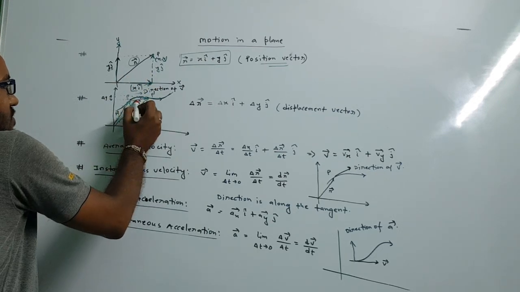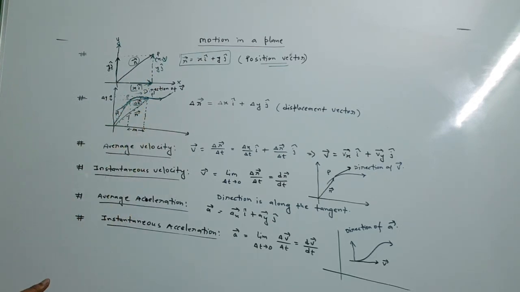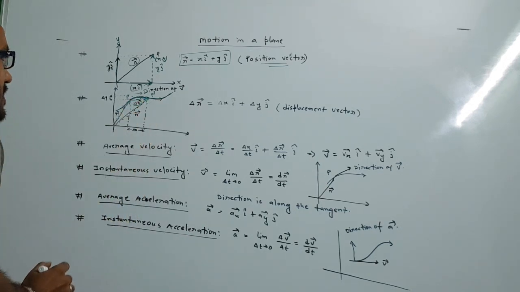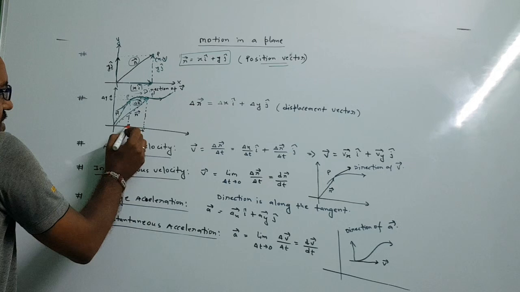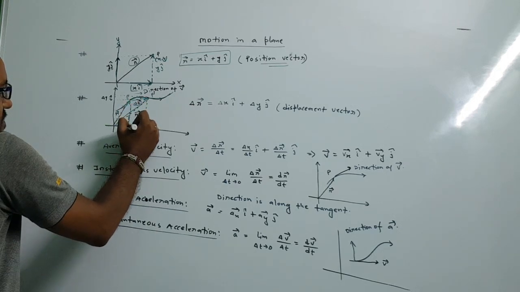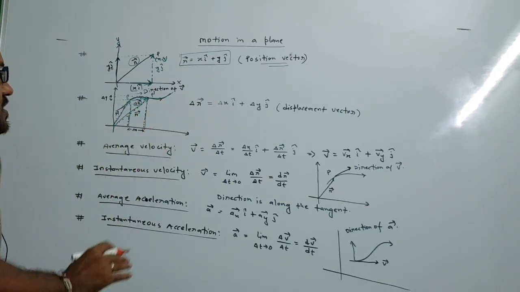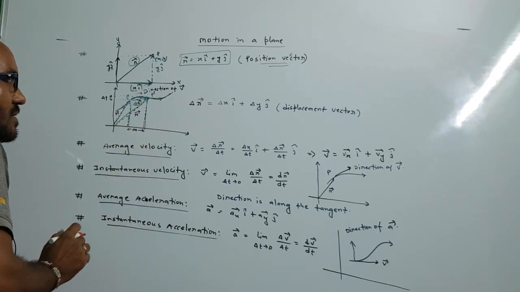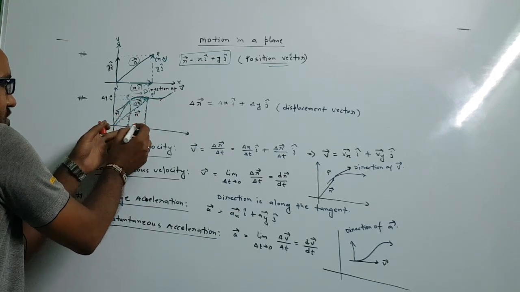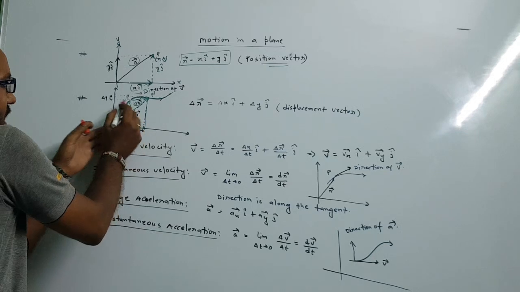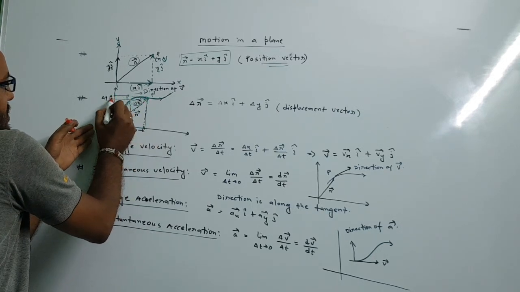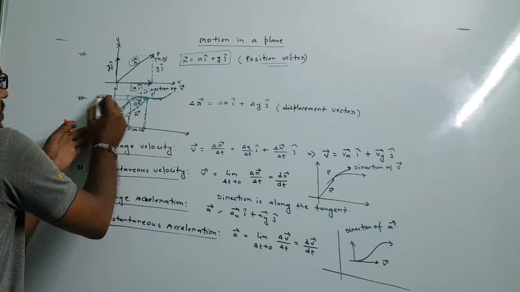Then the resultant vector from p to p prime would be the delta r vector. Now see the length, this is p, this is p prime, so the object is displaced from p to p prime. This is your delta x, and see the height, this is your delta y.